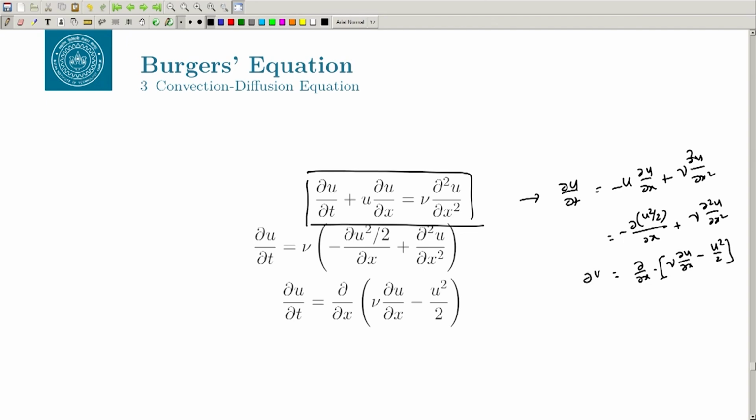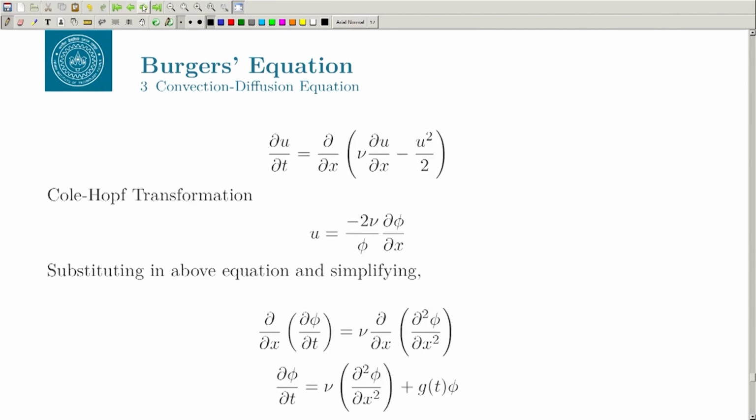So, you can cast your Burgers' equation like this, and then we will use something called the Cole-Hopf transformation. Why are you using this transformation? Because you want to get the theoretical solution for this problem, and it is possible to do that under certain conditions.